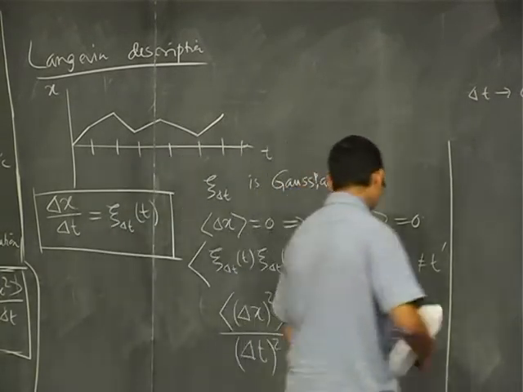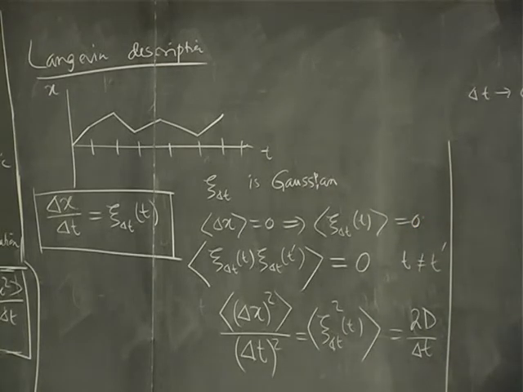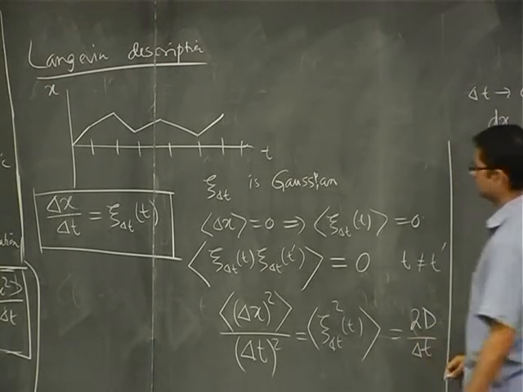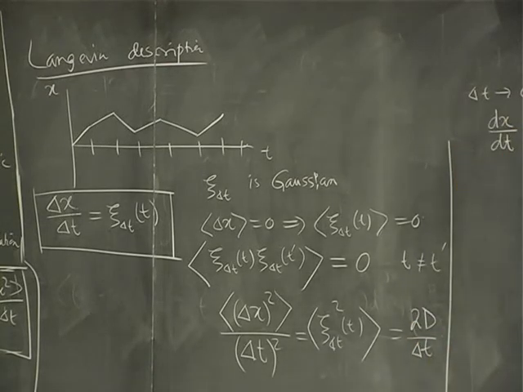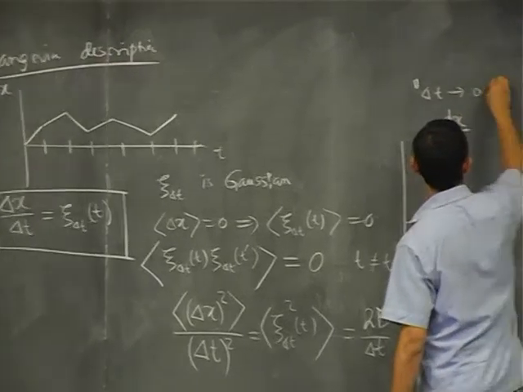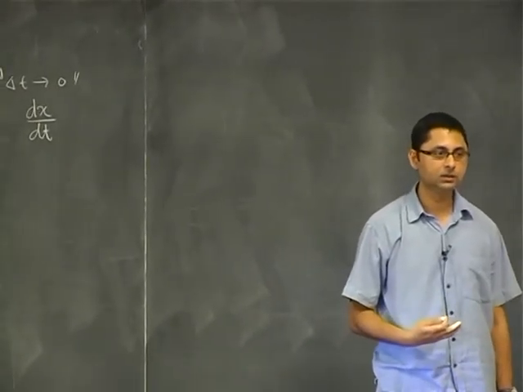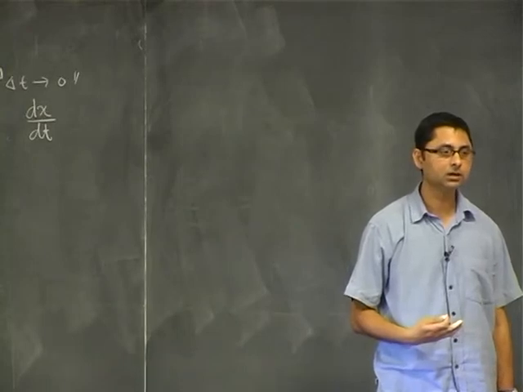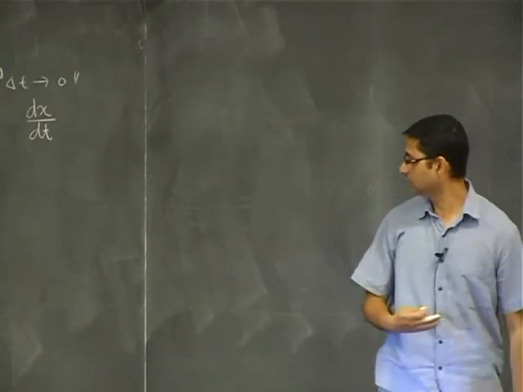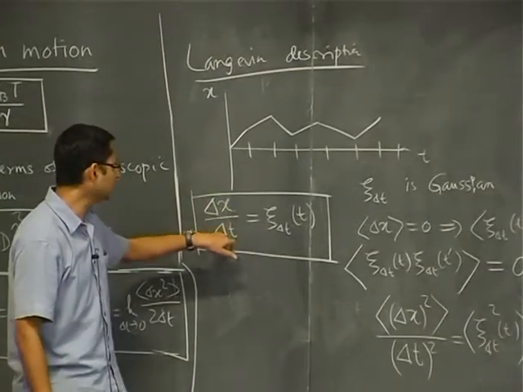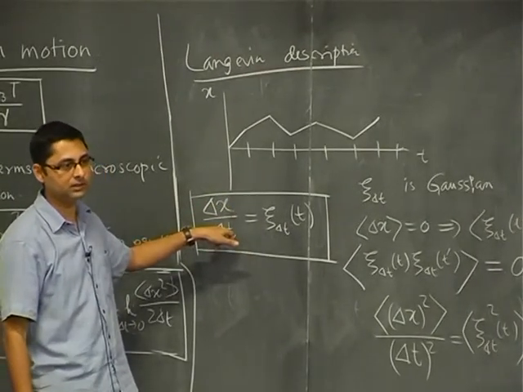Let's write down the left hand side first. There is no problem on the left hand side: delta x over delta t, in the limit delta t going to 0, is dx by dt.